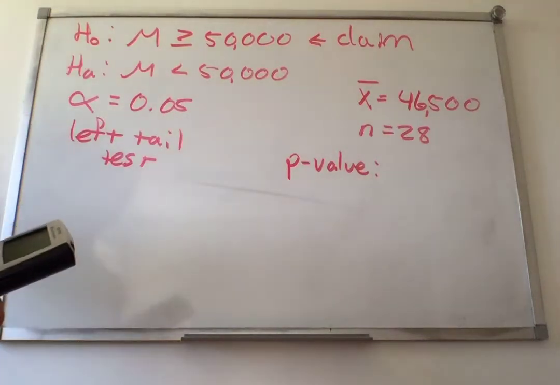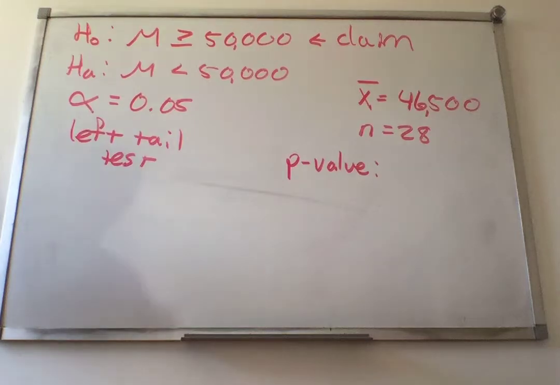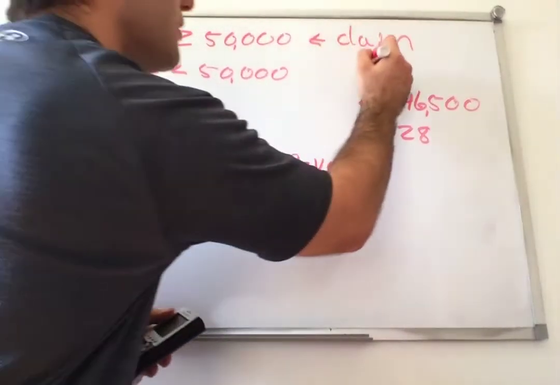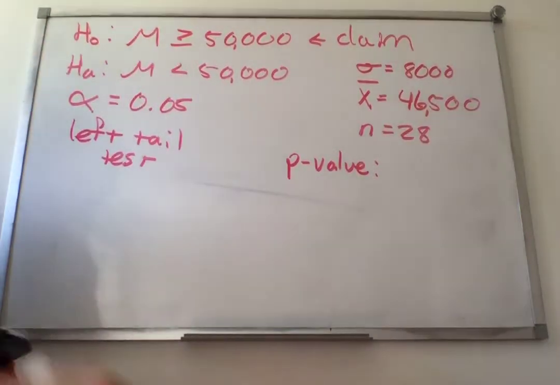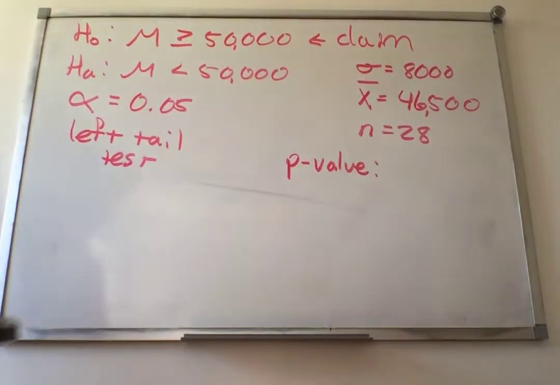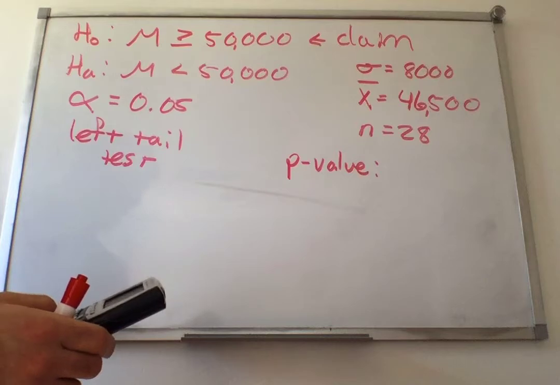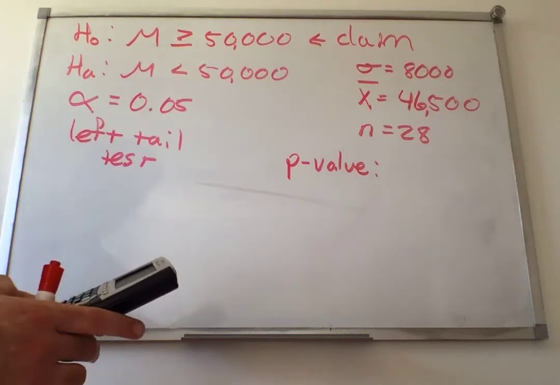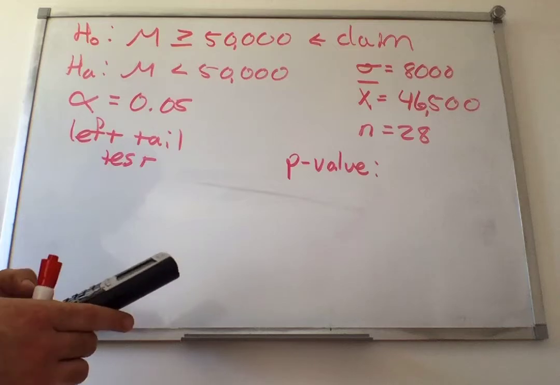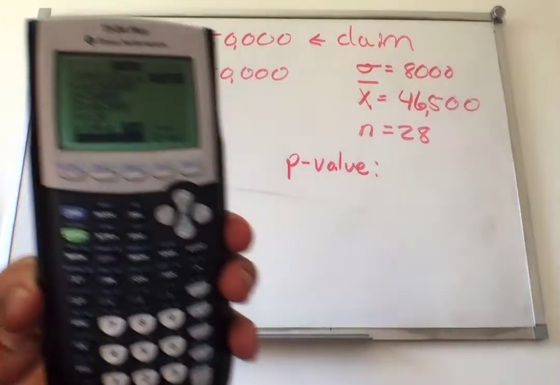Then for sigma, we didn't write that on here. Our population standard deviation was 8,000 miles, okay? So population standard deviation 8,000. X bar was 46,500, and our sample size is 28, and we're doing a left tail test, okay?